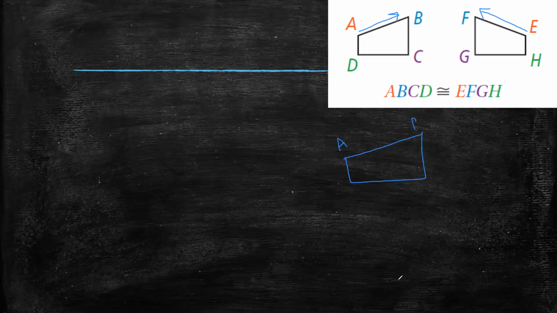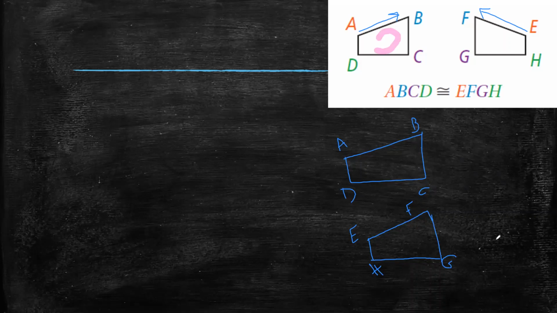The first one is A, B, C, D, and the second one is like this, but its name is E, F, G, H. Now, before that, I want to tell you something: if you want to name the shape, you have to name its vertices. And to name its vertices, you have to move clockwise or counterclockwise.